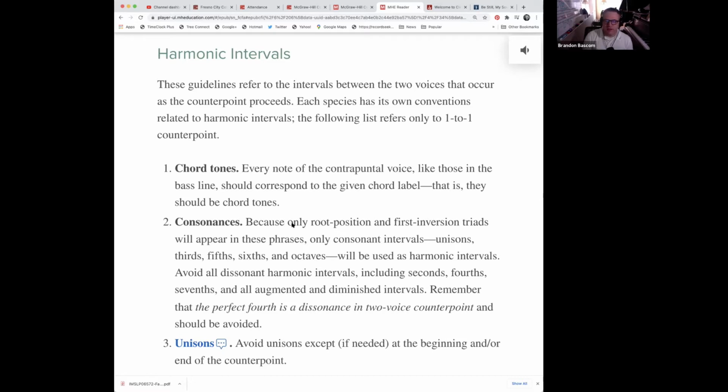All right. 2, consonances. Because only root position and first inversion triads will appear in these phrases, only consonant intervals, unisons, thirds, fifths, sixths, and octaves will be used as harmonic intervals.